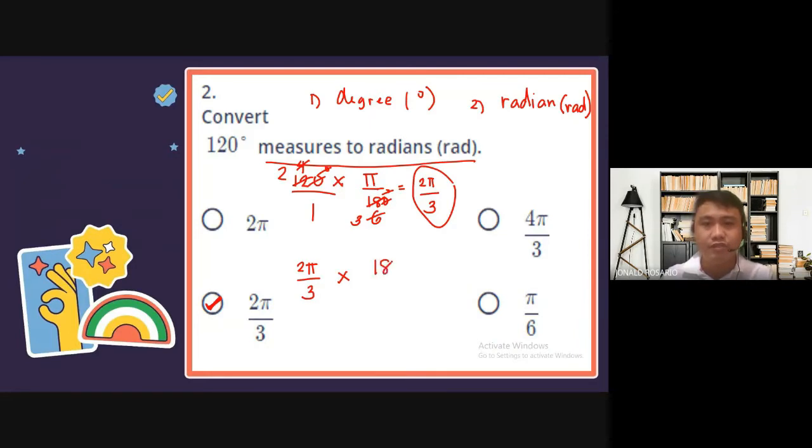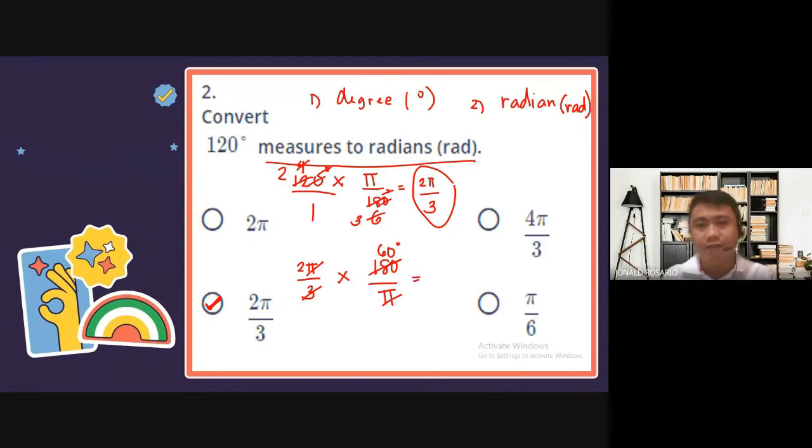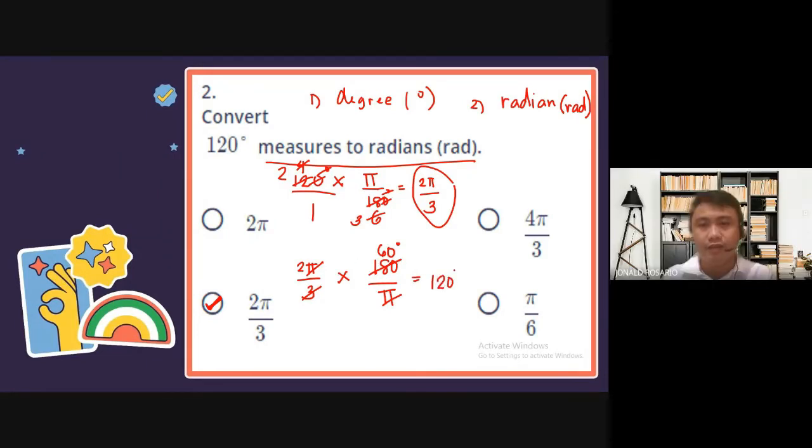All you have to do is multiply by 180 over pi. So, cancel na po yung pi. Cancel na ang 180 tsaka 3, kasi divide natin. So, 60 na yan. So, you have 2 times 60 is 120. Parehas lang. That's how you convert degree to rad and rad to degree measures of an angle.